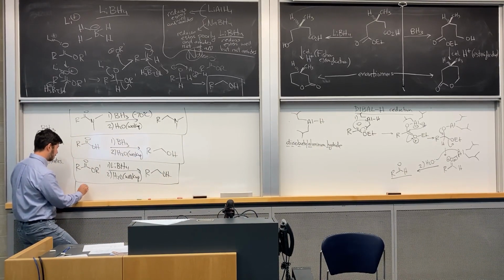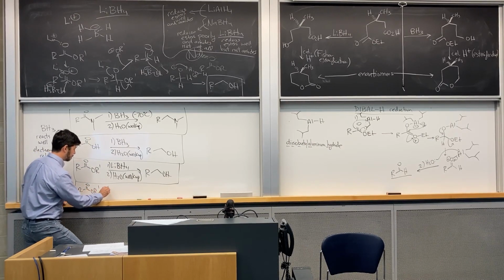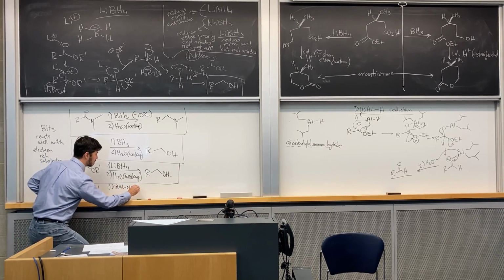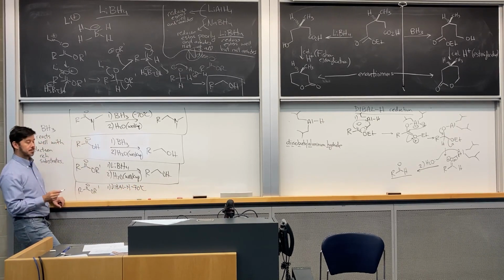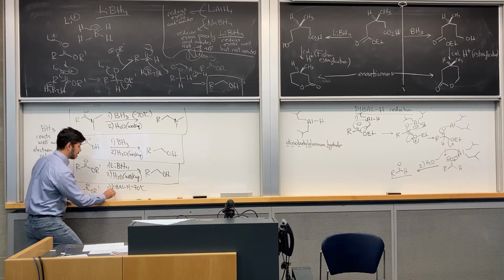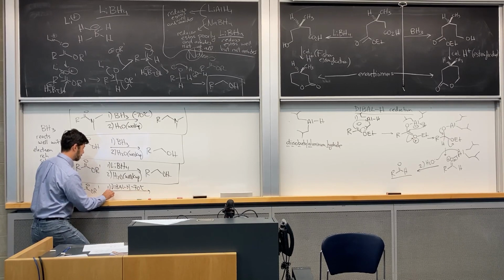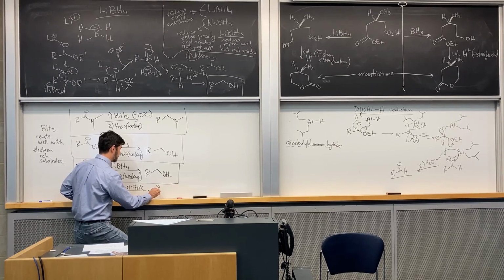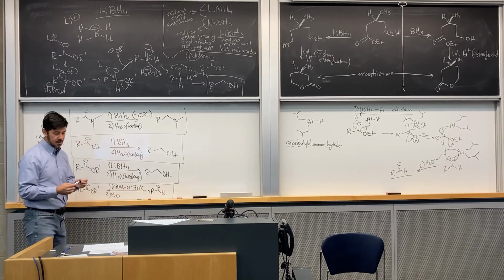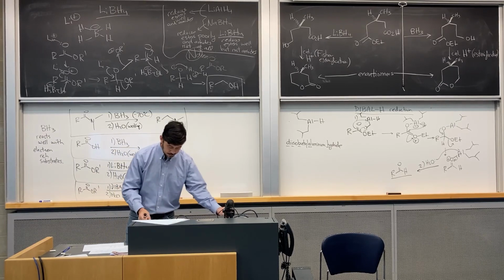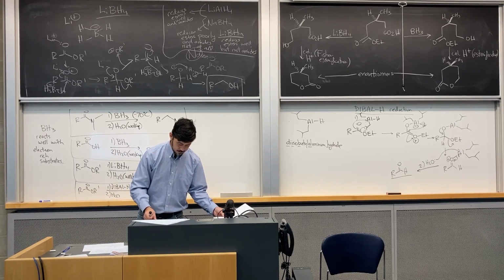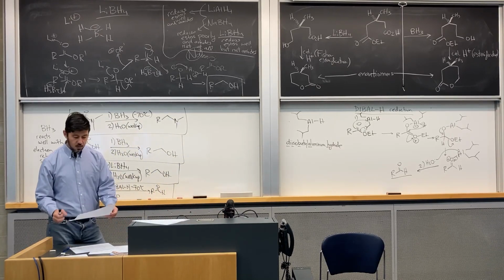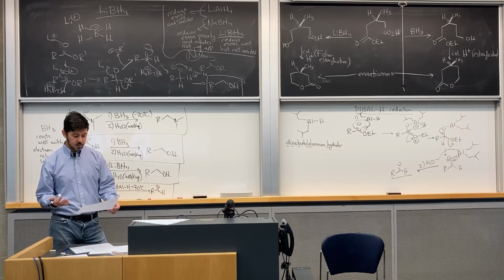So here's an ester. DIBAL-H. Typically you want to do these at pretty cold temperatures like -70 or -78. And then you'll have a workup step. And this will give you and help you stop at the aldehyde. So yeah, like BH3, it reduces electron-rich carbonyl groups.